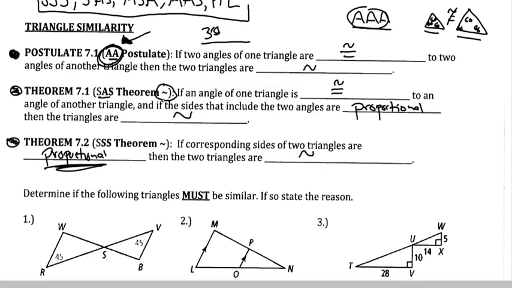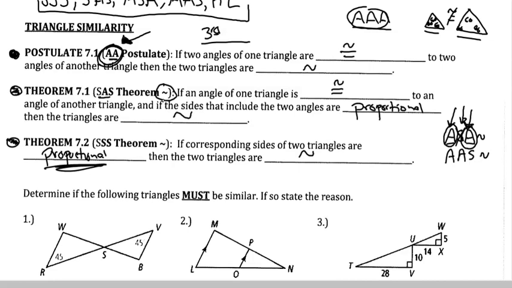So you might be sitting there going, but isn't there like an ASA of similarity or an AAS of similarity? My answer to that is, look what is embedded inside of ASA: AA. If you can already finish a proof by AA, then why would you keep going to look at the S part?